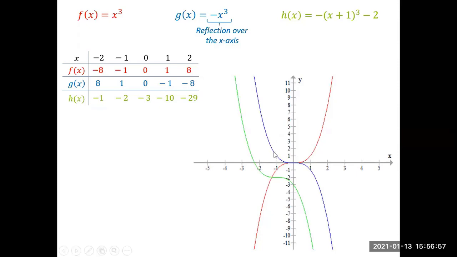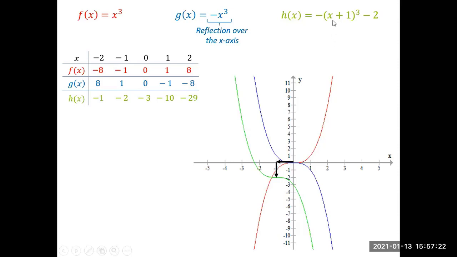The blue function is already a reflection, which is where the negative came in. And it also appears that the red curve that passed through the origin has now moved to the left one, and it's moved down 2. So that center point of my graph has moved left 1 and down 2.